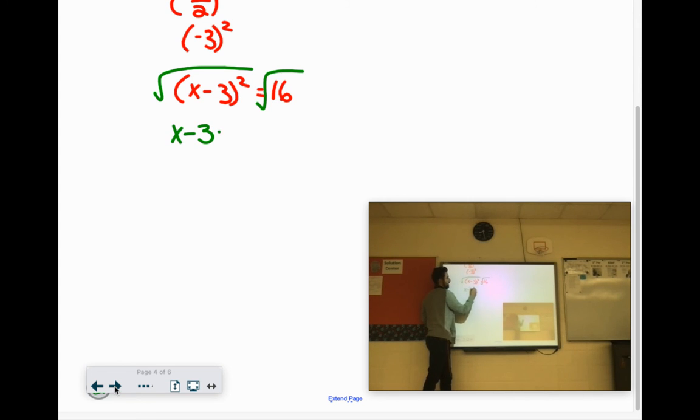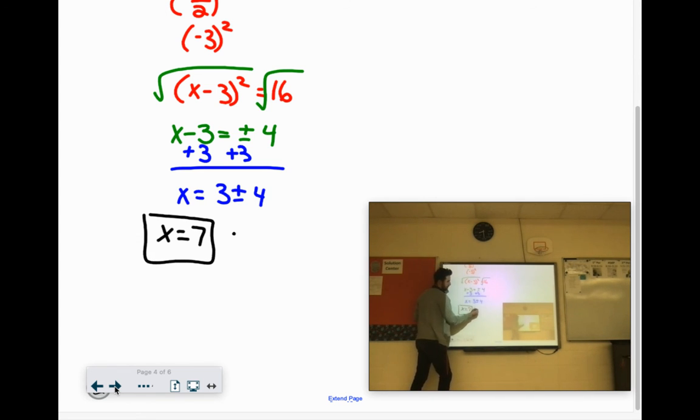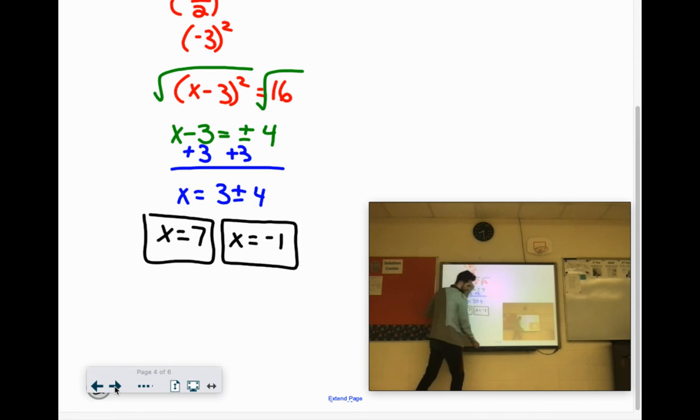X minus 3 equals plus or minus, and the square root of 16 is 4. We get rid of our minus 3 with a plus 3, why not? X equals 3 plus or minus 4. So let's just do this one in our head. 3 plus 4 is 7. 3 minus 4 is negative 4. Wasn't too bad. Not too bad at all.